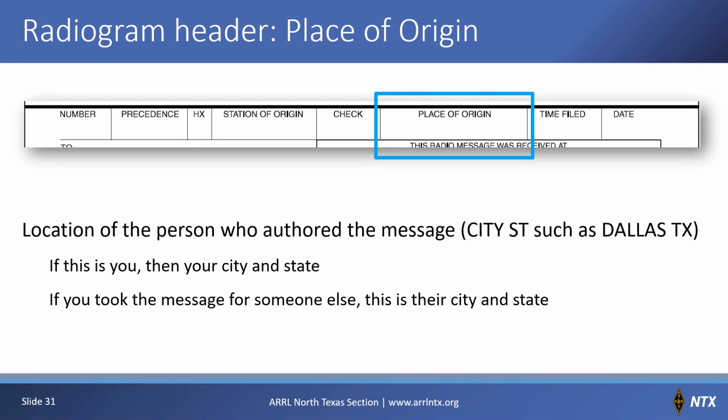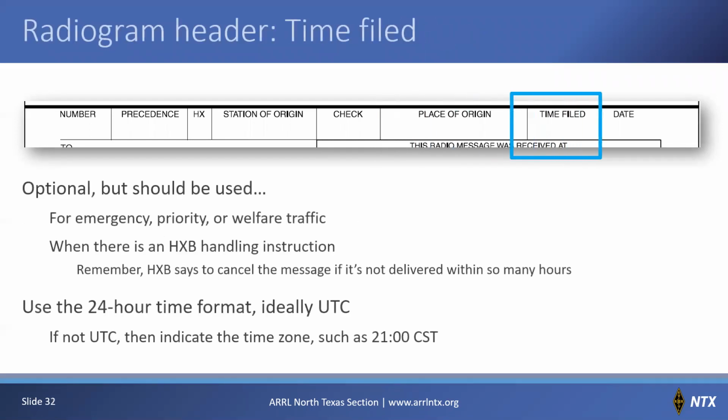So the place of origin helps with clarifying where that message came from. Now, if I were to put Dallas instead of Fort Worth, the traffic system will not explode. The traffic police will not come over and take your radiogram pad, and it will still go. But for accuracy, place of origin is the place of the person that authored the message.